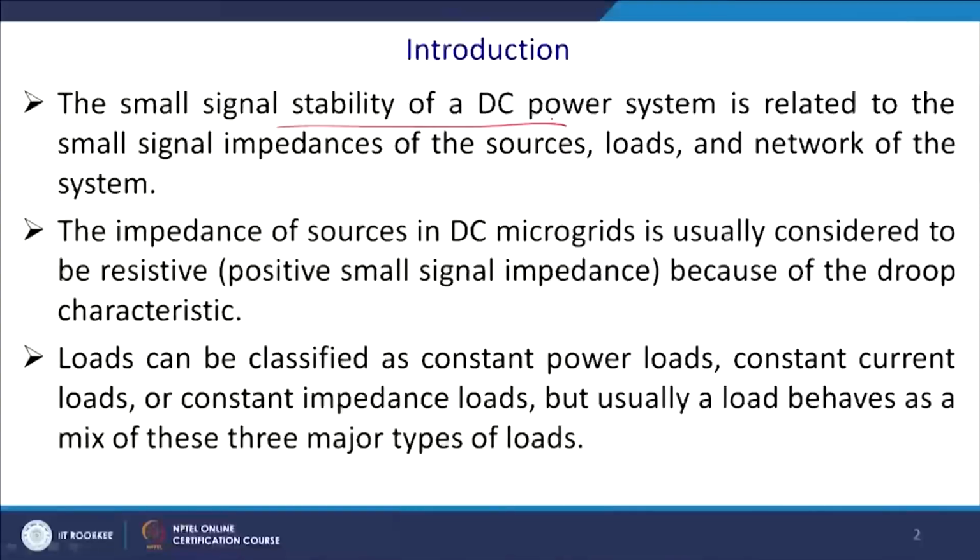Now, small signal stability is related to small perturbations of one entity or various entities. The small signal stability of a DC microgrid system is related to the small signal impedance of the source, load and the network systems.